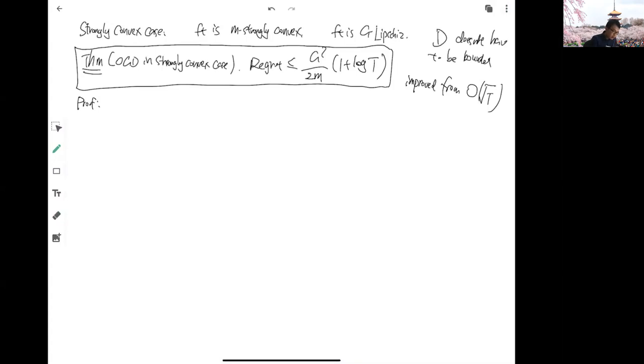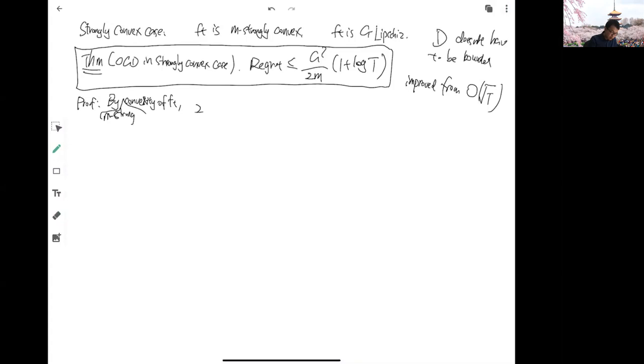So let's prove this. Again, the first thing that we use is convexity. Actually, by the m strong convexity of function ft, we can get a slightly stronger bound compared to the one that we used previously.